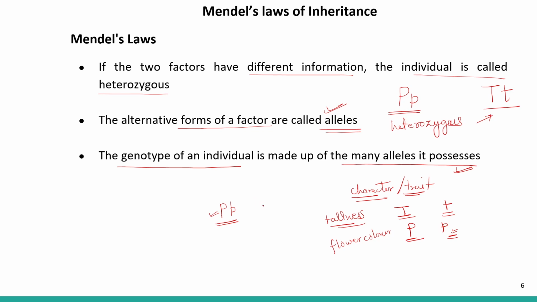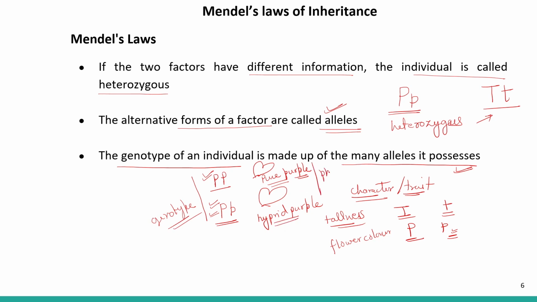So this will be a hybrid purple. And capital P, capital P will again be purple, that will be a pure purple flower. So this capital P, small p is showing the genotype, and how it appears morphologically by the appearance, pure purple or hybrid purple, this is the phenotype.